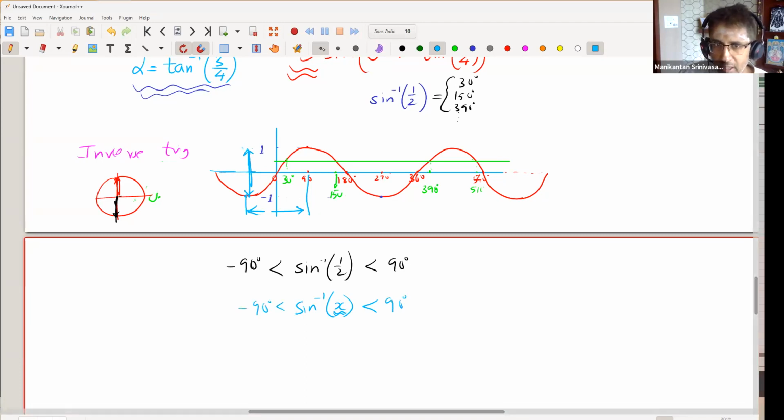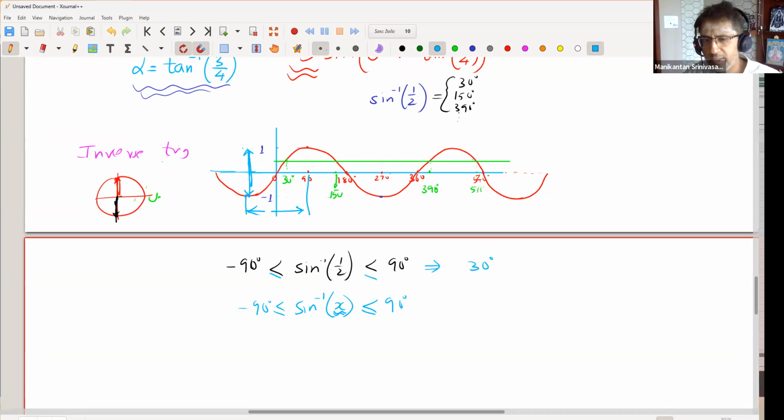Moksh, just 1 second. So I'm guaranteed to cover every value from -1 to 1, both included. Sorry, I should put less than or equal to. Both included. So in this region, I only have one answer, namely 30 degrees.